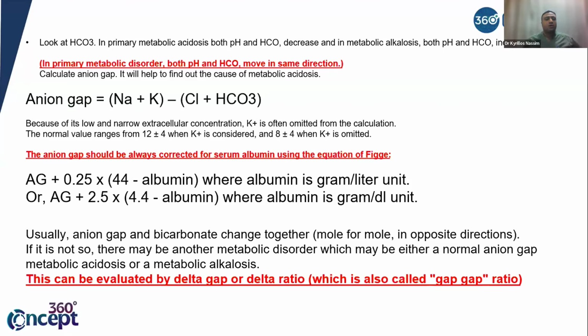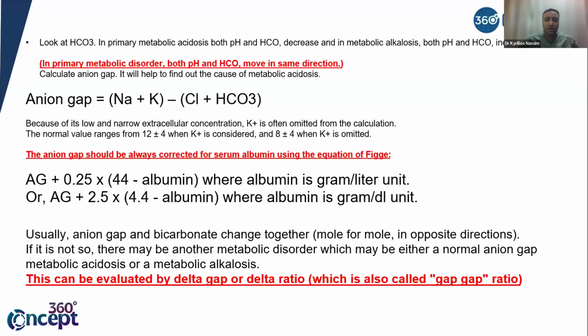So we will talk about the anion gap. Another high yield note is correcting the anion gap according to the serum albumin. This is the hallmark of the examination. If they give you a serum albumin in the question, it is always regarding correcting the anion gap to serum albumin.